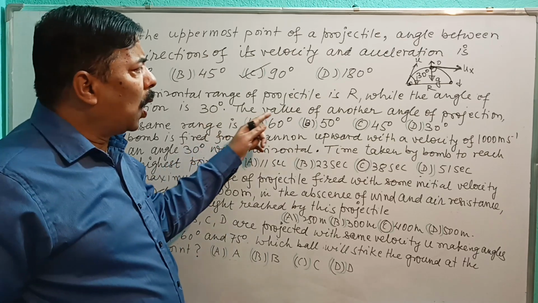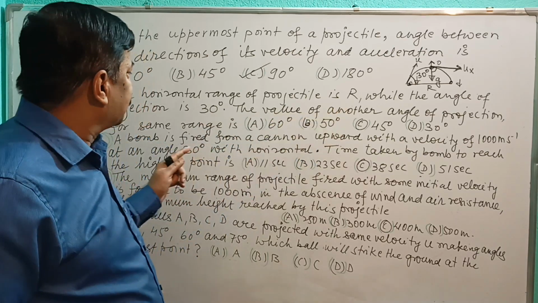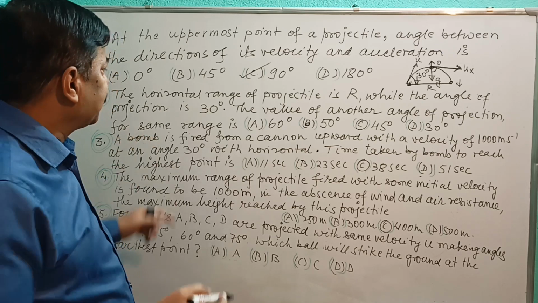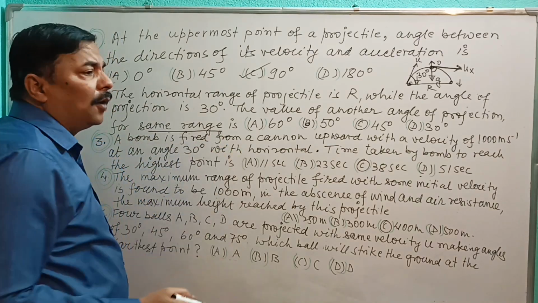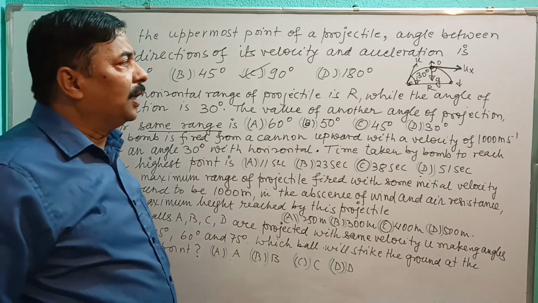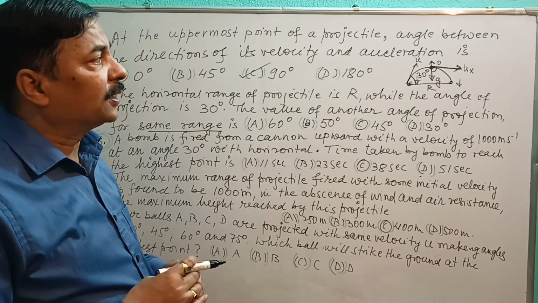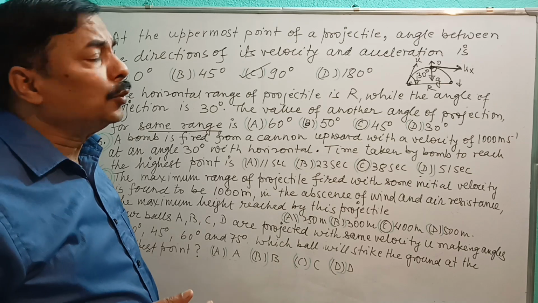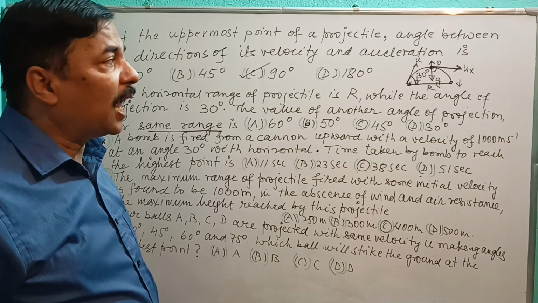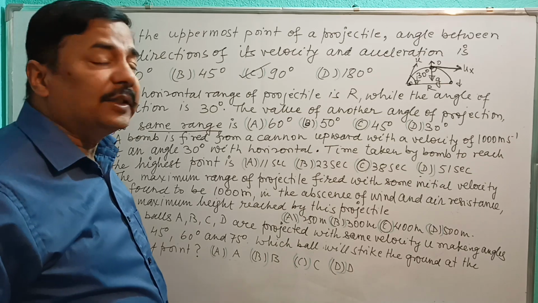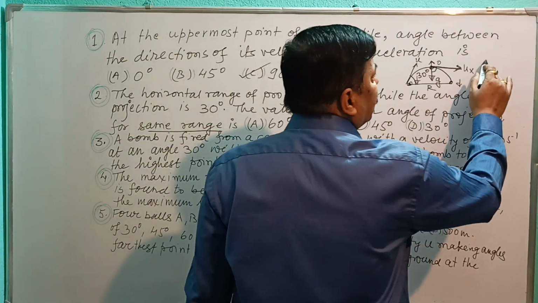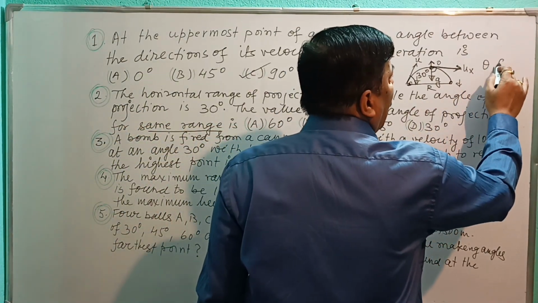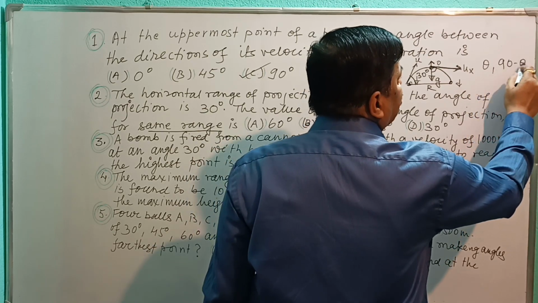What is the value of another angle of projection for the same range? In the theory discussion, I discussed that there are 2 values of initial angle of projection for which the projectile has the same range. If one angle is theta, the other angle should be 90 minus theta.